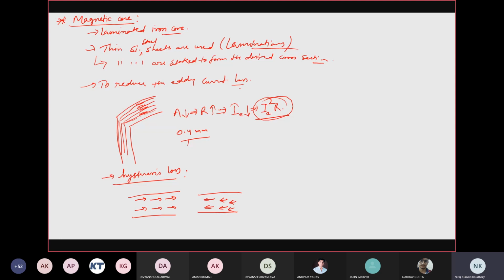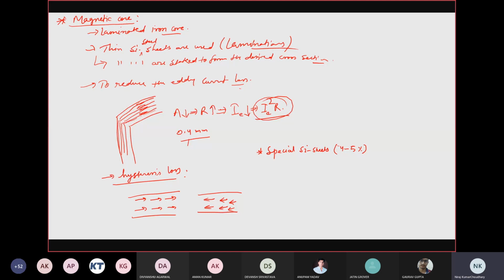Therefore special silicon steel sheets, where we have the silicon content of around 4 to 5%, are used for the design of the laminated sheets, right? So this type of special silicon steel sheets has normally a smaller hysteresis loop area, but high value of saturation flux density as well as resistivity.